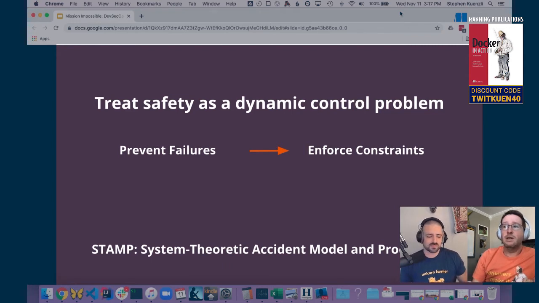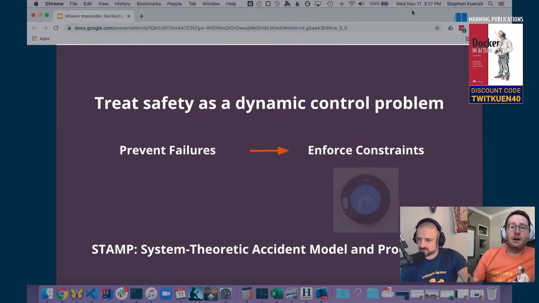For instance, an example in the container space is that when you run a container, the Docker runtime will try to keep it running up until the number of failure attempts you configure in the retry. If it fails, it'll try to restart it. But this is at a system level. We want to be able to do things like a thermostat does.